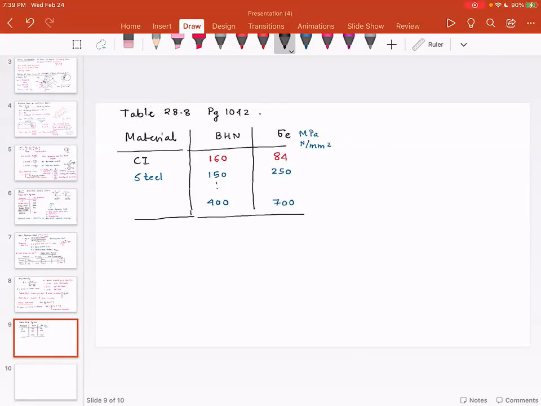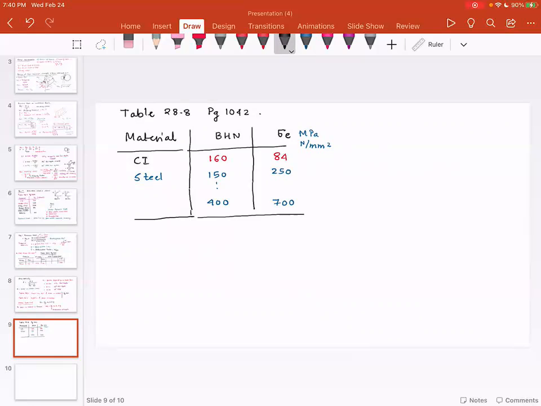If you decide to go with a steel gear and pinion, we can suggest a particular hardness number, and for that corresponding hardness number there will be a particular value of WE.